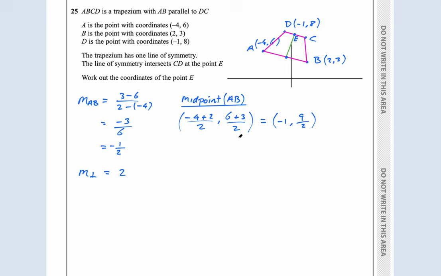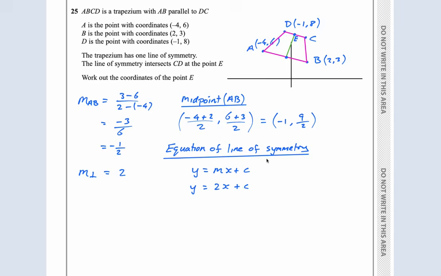That's the midpoint. So now I'll get the equation of the line of symmetry, and I'll get it from this gradient, y equals mx plus c. The gradient is 2, and again it does look a bit like it should be 2x plus c, and this point, so I'm going to sub in 9 over 2 for y, negative 1 for x, and I can get my c.